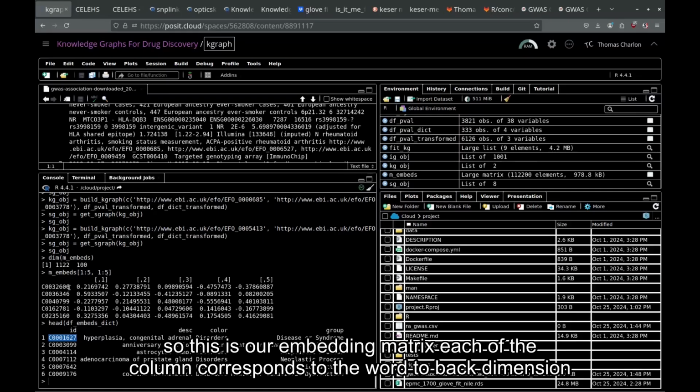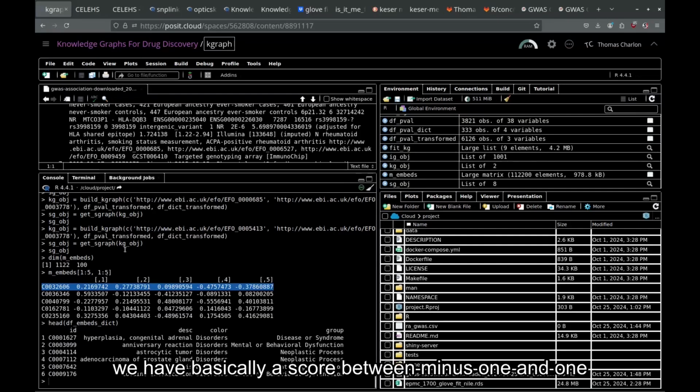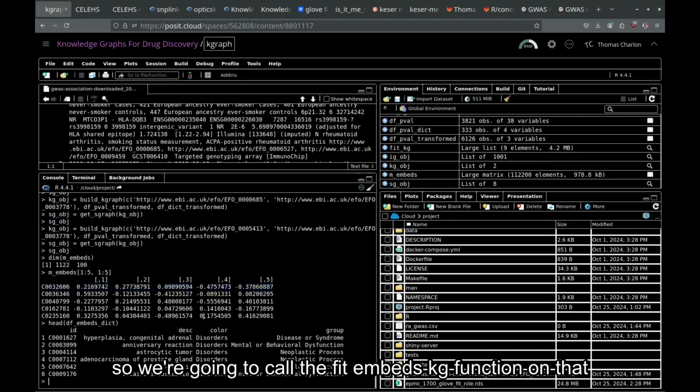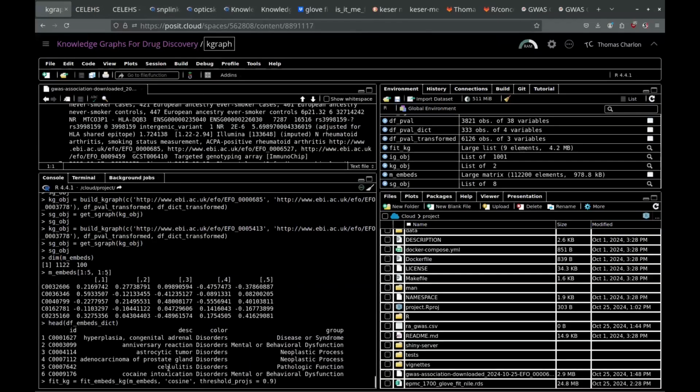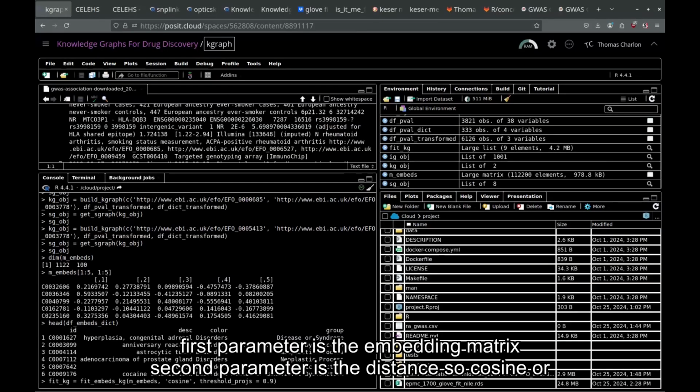So this is our embedding matrix. Each of the columns corresponds to the word2vec dimension. We have basically a score between -1 and 1. So we're going to call the fit embeds kg function on that. The first parameter is the embedding matrix.